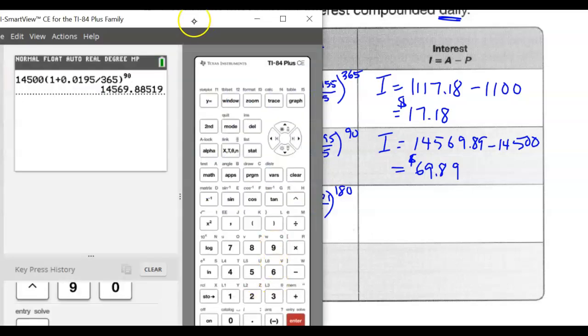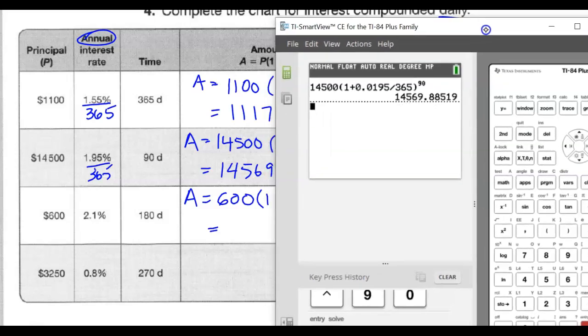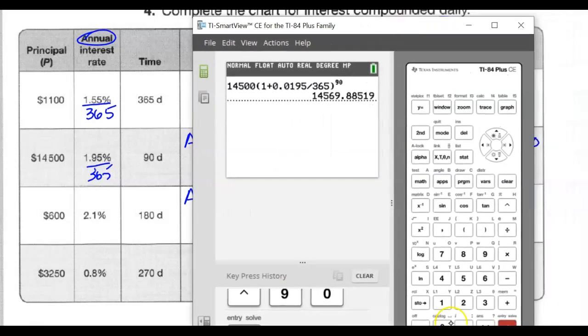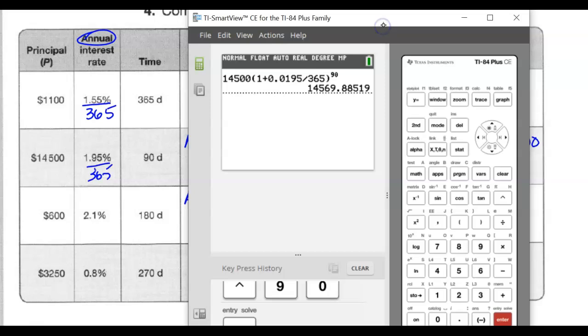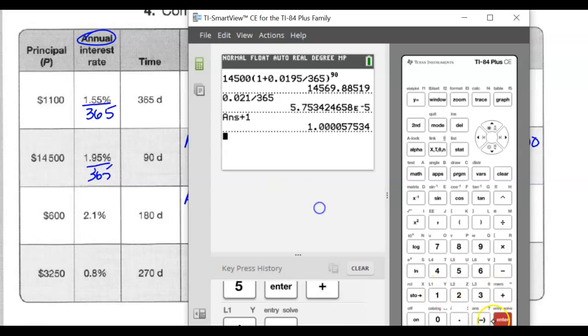So if we do it as if we didn't have a graphing calculator, then we do the 0.021 divided by 365 first, enter on that, add 1 to that, then raise to the exponent 180, and then multiply by the amount invested.